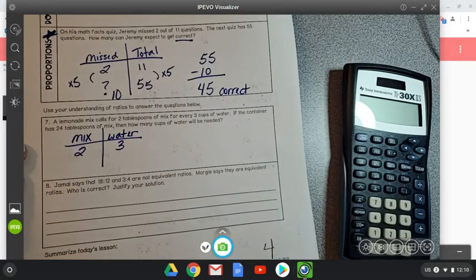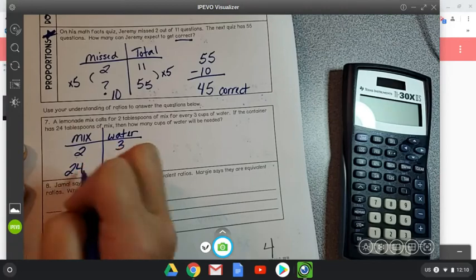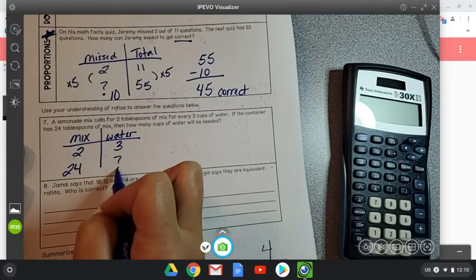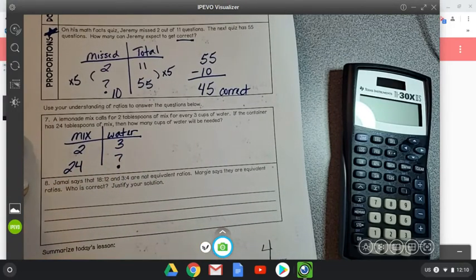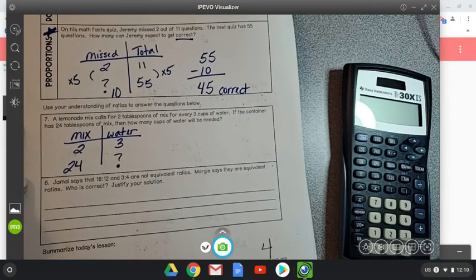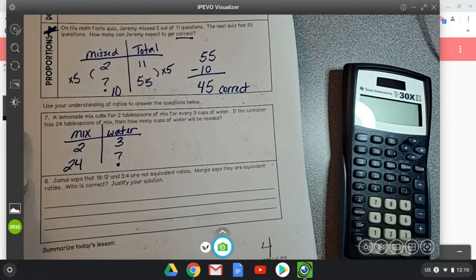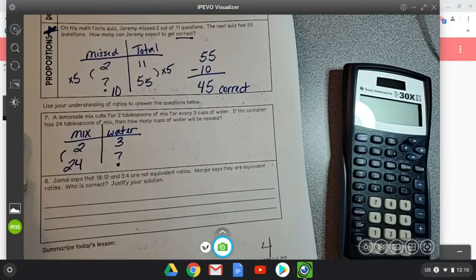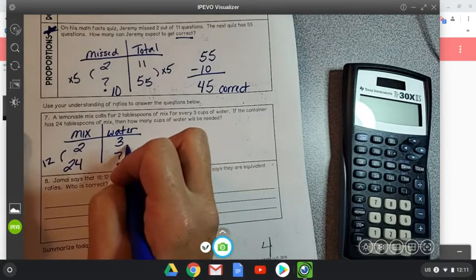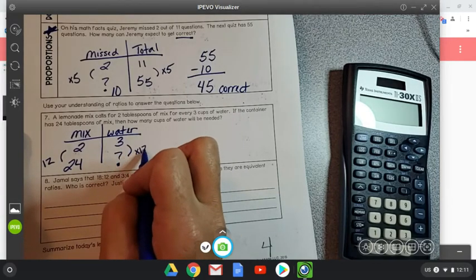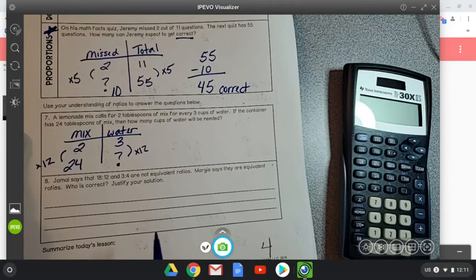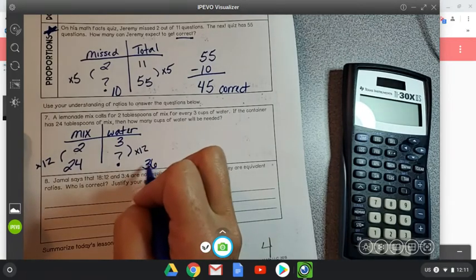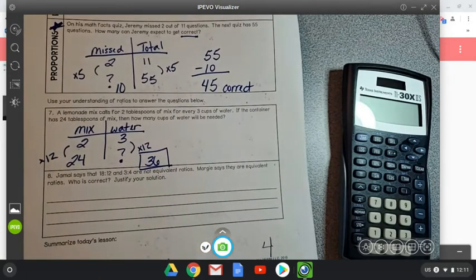The container has 24 tablespoons of mix, then how many cups of water? Again, I fill in what I know and I put a question mark next to what I don't know. Then I figure out what I multiply by to get from 2 to 24, and that was 12. I'm going to do the same thing over here. 3 times 12 is going to give me 36. So you should have gotten 36 cups of water.